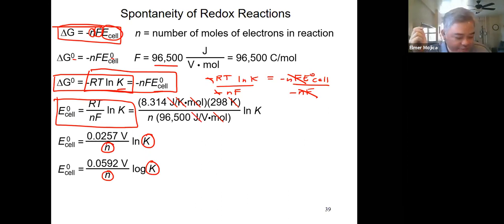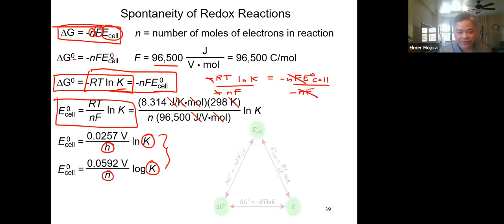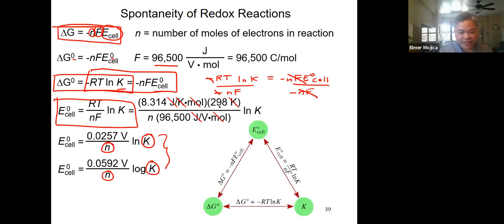So I hope before the end of the semester, you will be able to associate the O with the K. So what does this mean? Okay, this equation will be given to you. If you're going to relate these three things that we discussed: the cell potential, the Gibbs free energy, and the equilibrium constant.